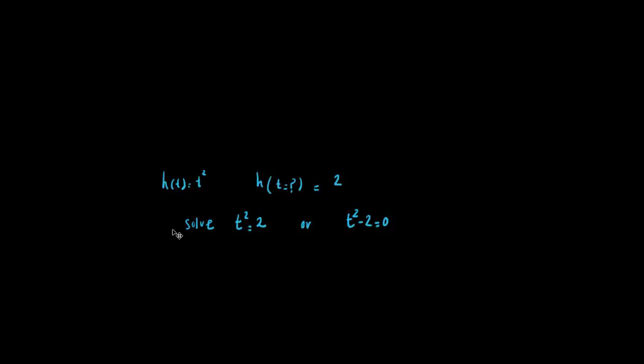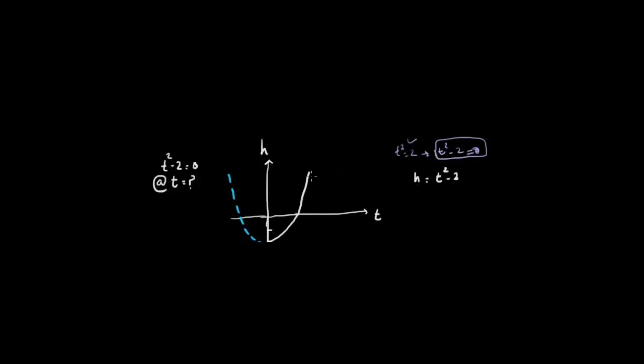In other words, expressing it in a simpler way, t squared has to equal 2 at a certain time. t squared equal to 2, solve that equation, or at what time is t squared equal to 2? So what's given here is the graph of t squared minus 2. It's a well-known quadratic curve.